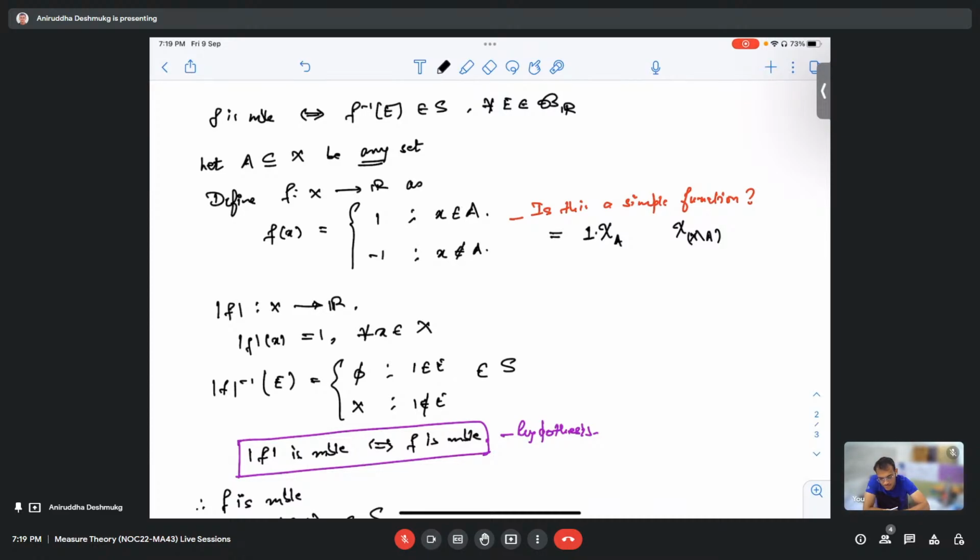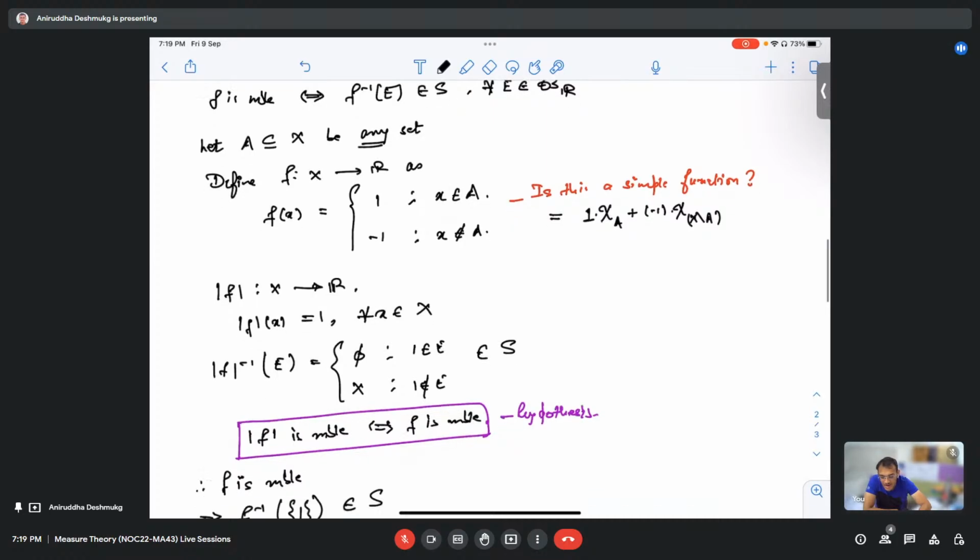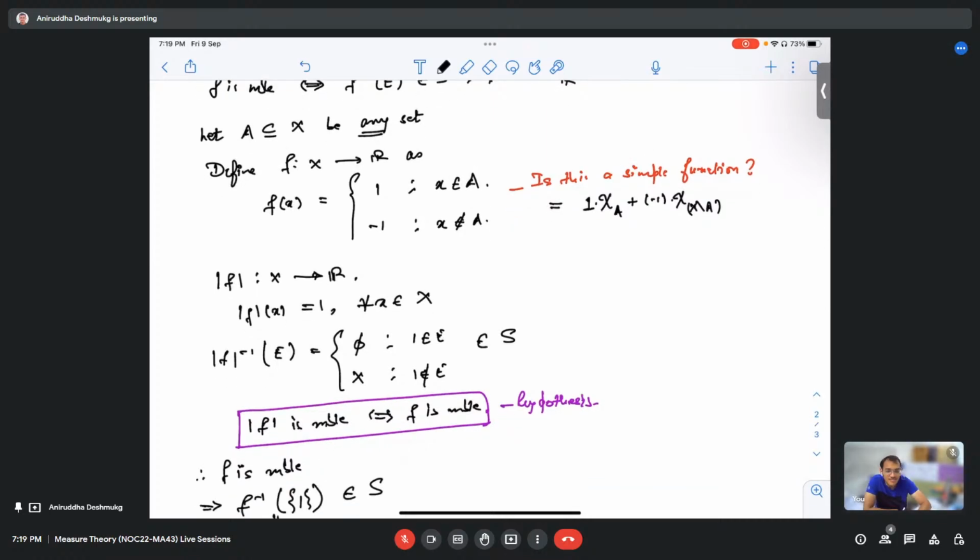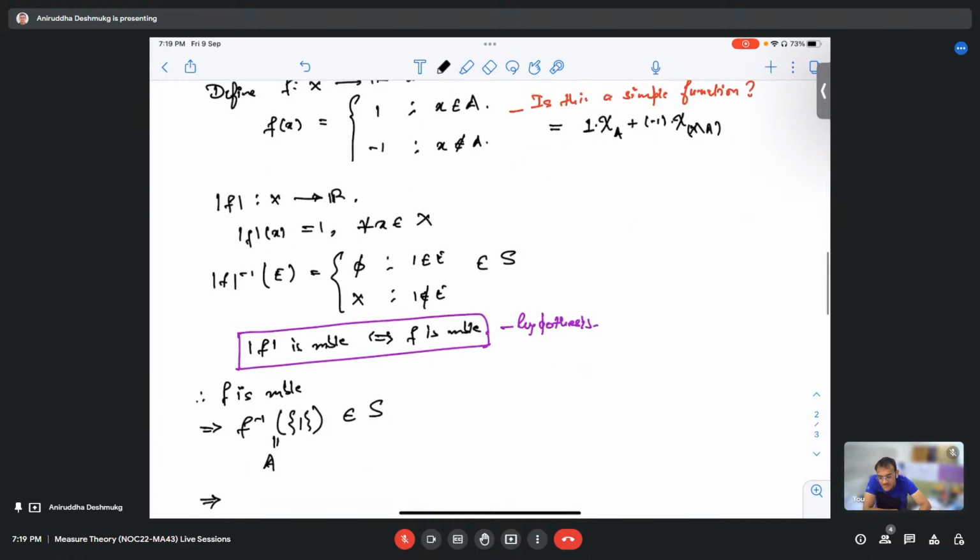If it belongs to the complement of A, then the value is minus 1. So the coefficient is minus 1. So this is 1 times chi A plus minus 1 times chi of X difference A. So this is a simple function, right? Okay. This was just an observation, nothing to do with what we have to prove.